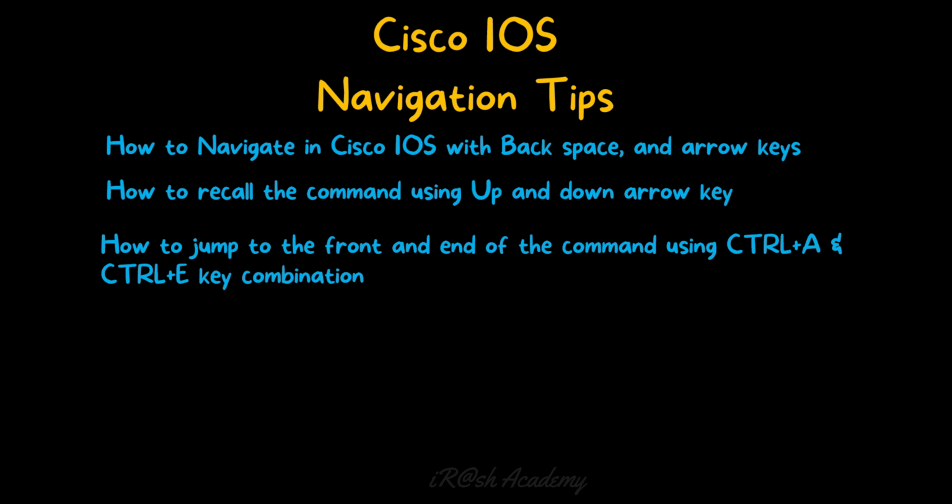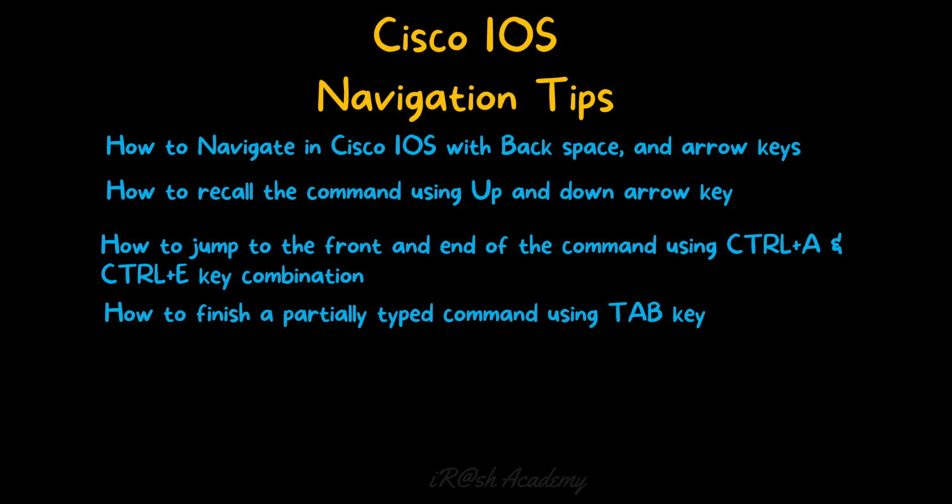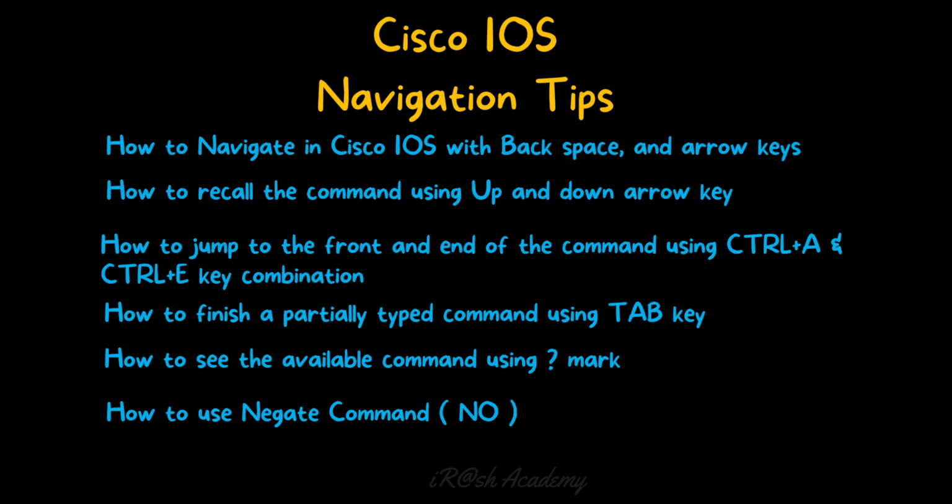Then I will show you how to jump to the front and end of the command using the Ctrl+A and Ctrl+E key combinations. Then I will show you how to finish a partially typed command using the tab key. Then I will show you how to see the available commands using the question mark. And finally I will show you how to use the negate command, or no command, in the Cisco IOS.